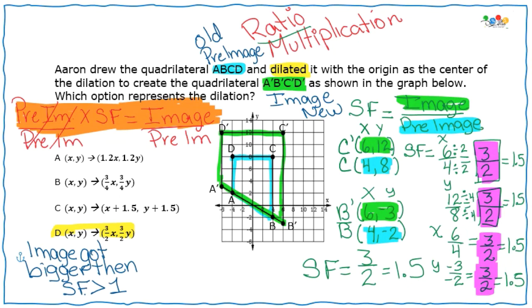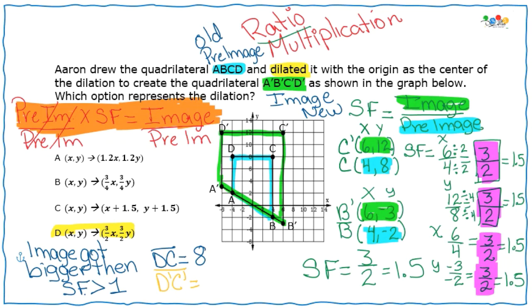I can also compare the length of my segments. For example, line segment DC is equal to 8. Is that right? So if I want to compare that to D prime, C prime, okay? Now, if you're thinking, how did I get 8?